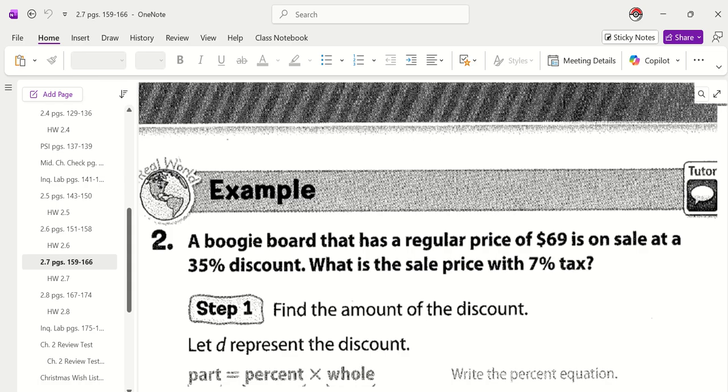A boogie board that has a regular price of $69 is on sale at a 35% discount. Okay, let's do the math right now. If it's on sale for 35%, what percentage of that price are you paying? What's 100 minus 35, ladies and gentlemen? So you're paying 65% of the original price.